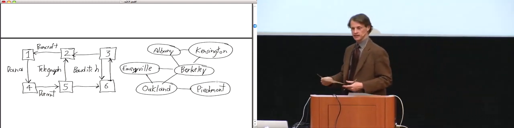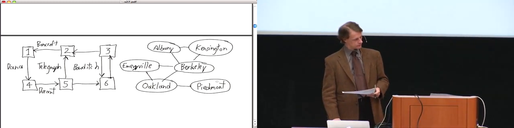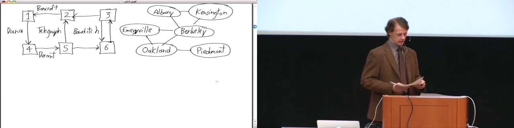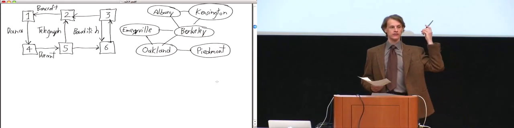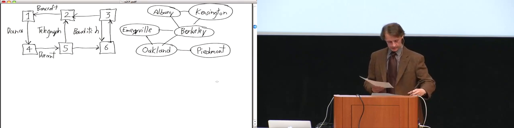So there's some of the East Bay cities around us. And I'm going to use these graphs for a few examples shortly, so it's worth keeping copies of them around.